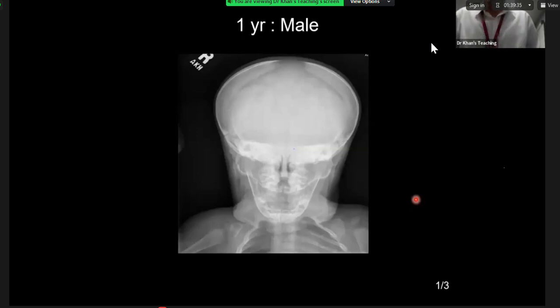Please continue. I think there is thickening of the skull bones, or is it projectional? Thickening of the skull table, or is it projectional? No, forget about it.